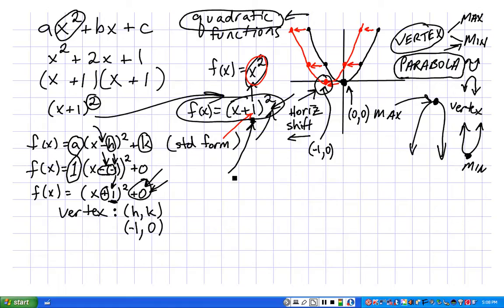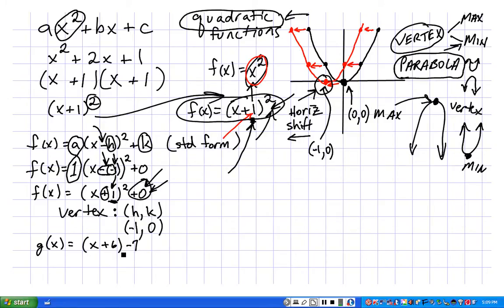Alright, so let's say another example, if we had something that looked like g of x equals (x + 6) squared minus 7. Now, you all would know how to graph this based on transformation. The plus 6 would tell you to shift left 6 units, horizontal 6 units to the left, and the minus 7 outside of the function will tell you to go down vertically, vertical shift down 7 units.